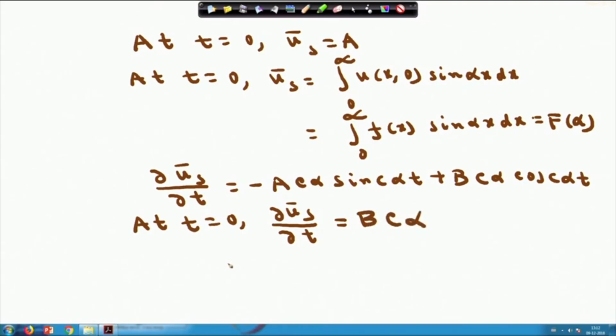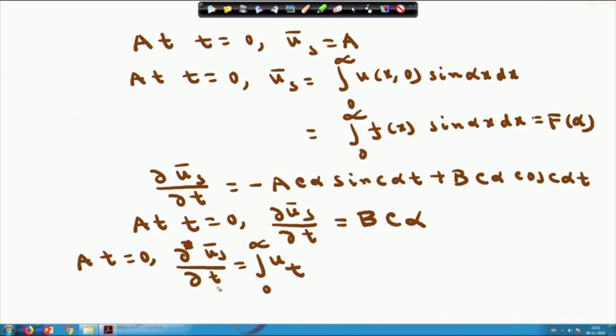And also I have to find out that at t equals 0, what happens here? What is del u bar s del t? This is equal to integral 0 to infinity, since u bar s is there, this is del u bar s del t, therefore it will be u t x 0.